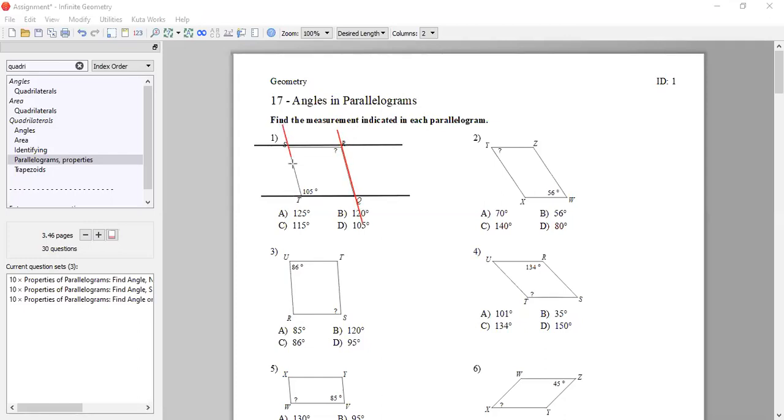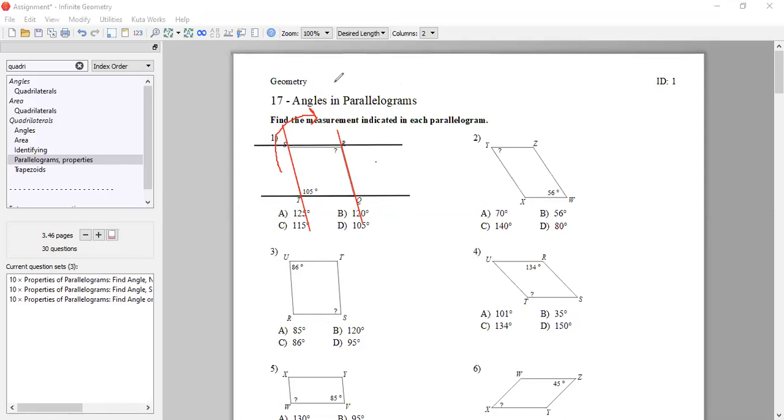The transversal just happens to also be parallel. So you could take this and rotate it 90 degrees clockwise, and it would be more of the orientation that we're used to looking at with the parallels and the transversals.